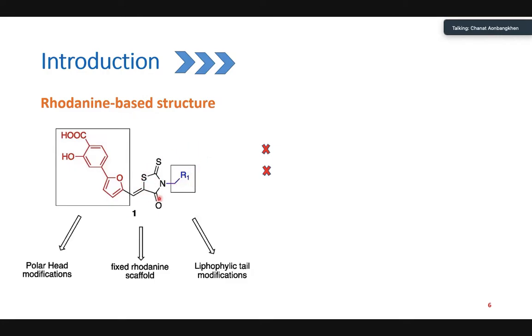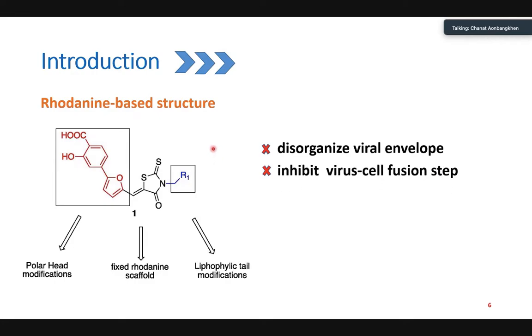This rhodamine-based structure scaffold works basically by disorganizing the viral envelope. The envelope of the virus will be disorganized, and thereafter it will lead to the inhibition of the virus-cell fusion.